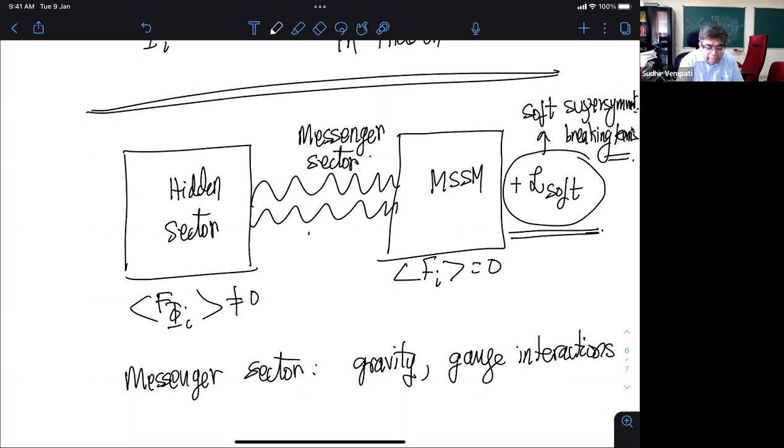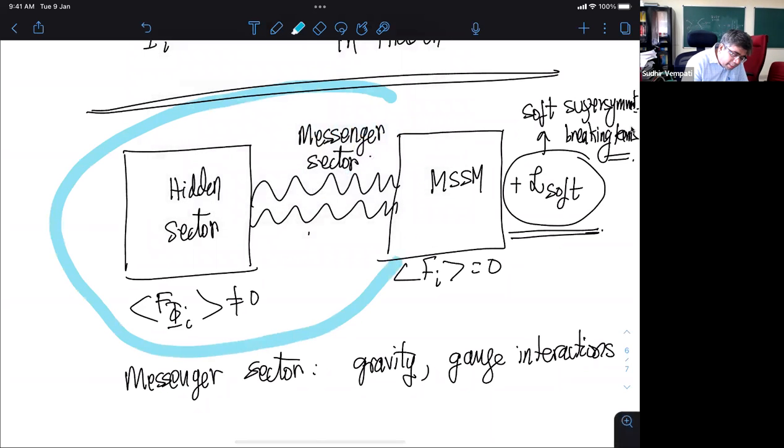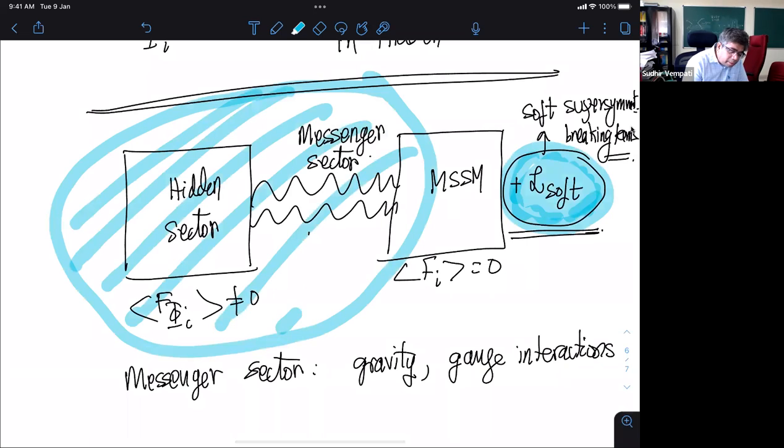These are how you generate your soft terms. Even if you forget about this entire sector, you can work with the MSSM, because the effect of this entire sector is essentially to give you an L soft.